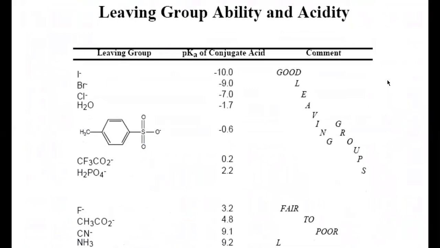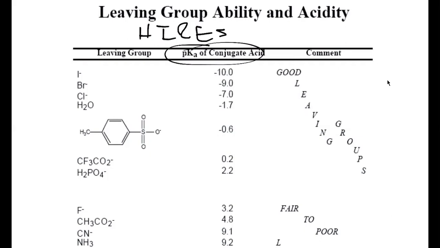And it goes back to what we learned when we did pKa, and how conjugate bases are stabilized. So your leaving group is going to be based on the pKa of its conjugate acid.